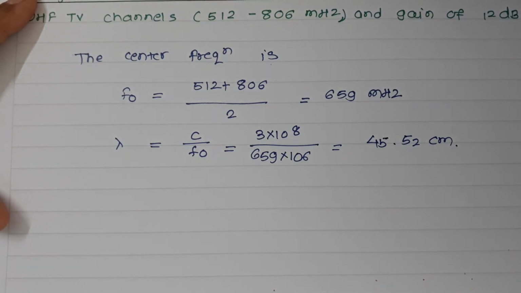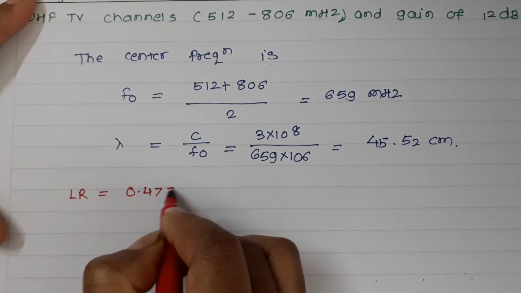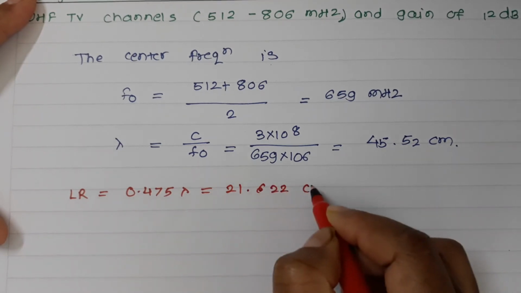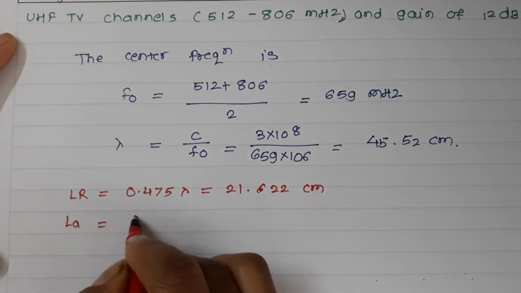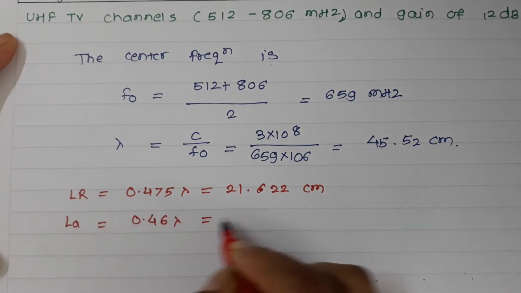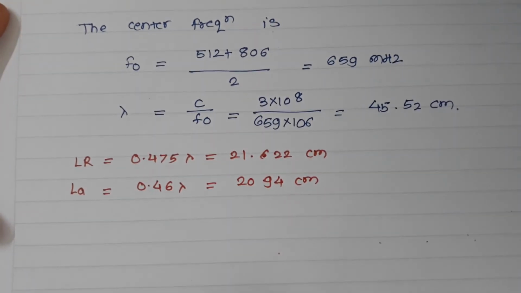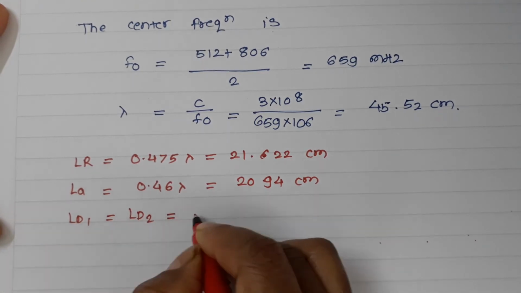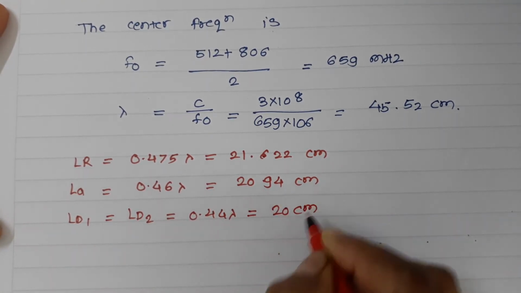Knowing the frequency, I can write here LR is equal to 0.475 lambda, which is 21.622 centimeters. LA is equal to 0.46 lambda, which is 20.94 centimeters. LD1 is equal to LD2, which is 0.44 lambda, which comes to 20 centimeters.